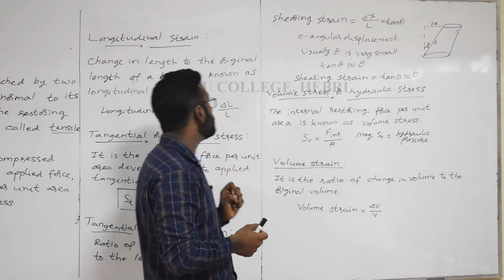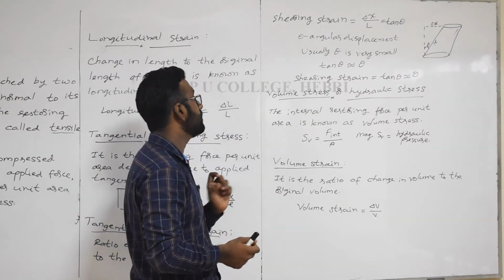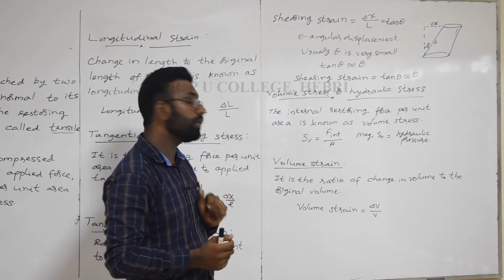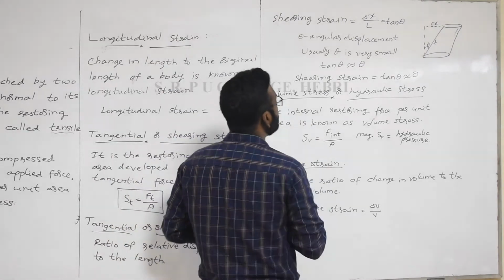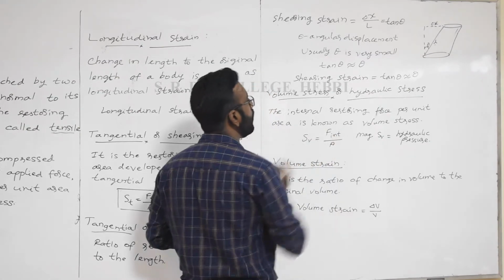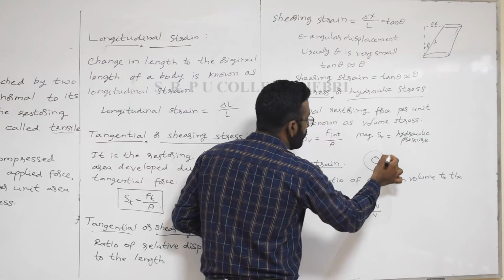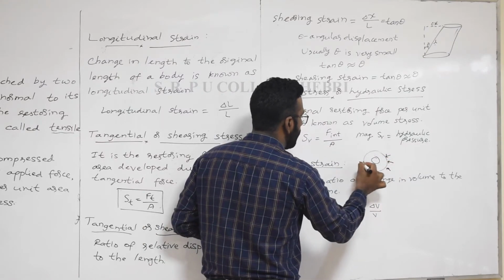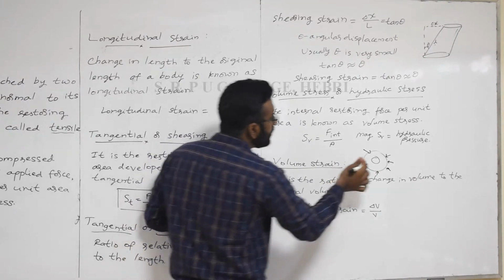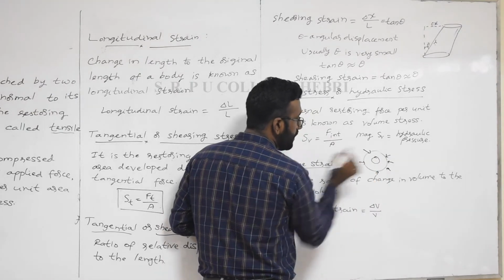Next, the last one is volume stress or hydraulic stress. Volume stress is also known as hydraulic stress. It is the internal restoring force per unit area. If you apply some force, volume force will be like equal force from all directions. Now the shape of this material gets reduced to this one and the dimension gets changed.